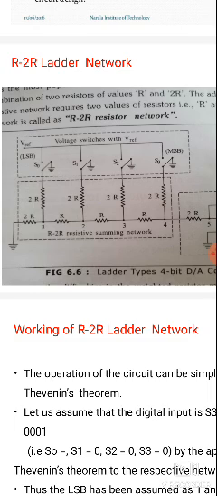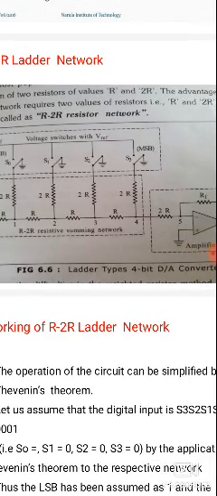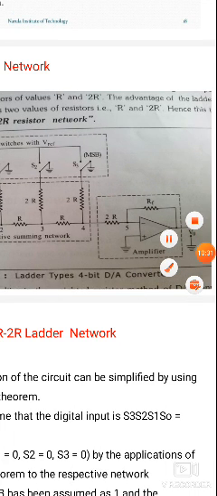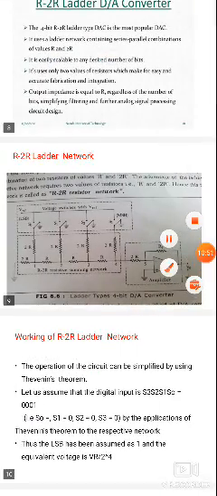The resistive summing network will be connected with the voltage reference switches. Next, the output will be connected to the op-amp inverting terminal. The op-amp inverting terminal will be connected to the outputs of the bits S0, S1, S2, S3, and RF is the feedback resistance. The non-inverting terminal will be connected to ground, and V0 is the output voltage. So here the op-amp works as an amplifier, an operational amplifier.